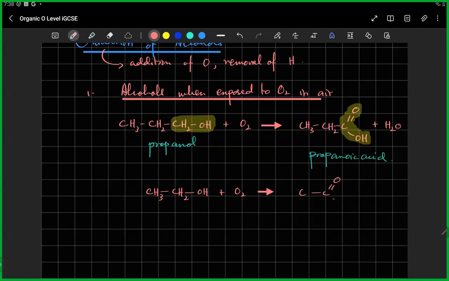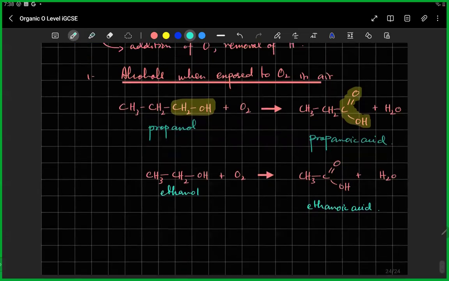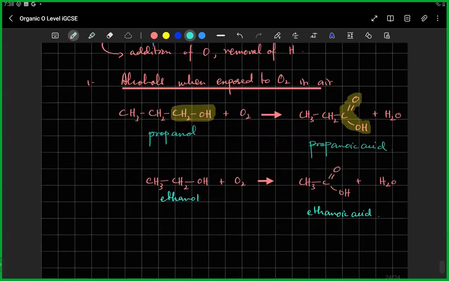It will become double bond O, and there's going to be three H's with this one, and plus water is going to get produced. So if I have ethanol, I'm going to get the corresponding acid. Is this clear?